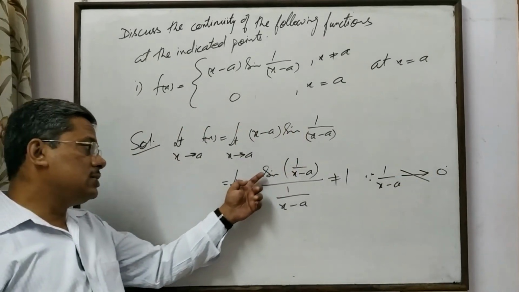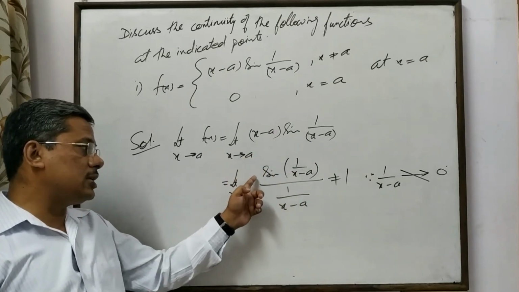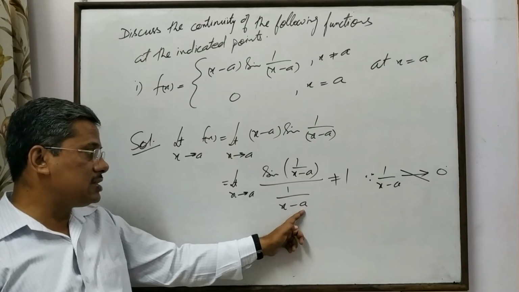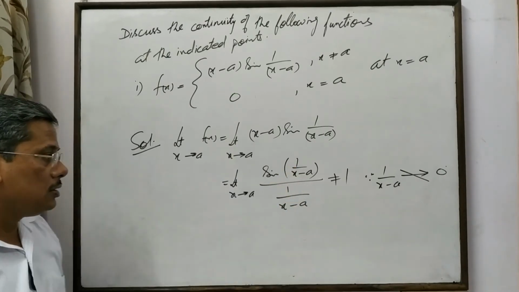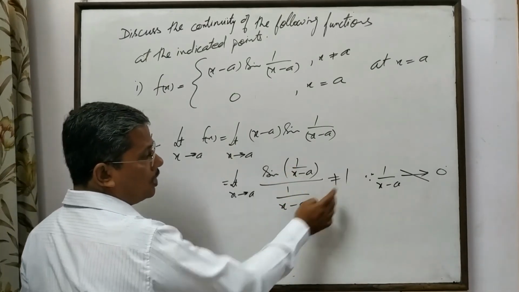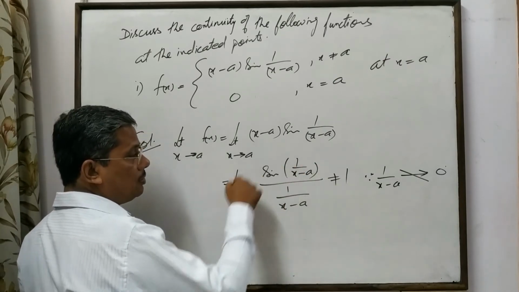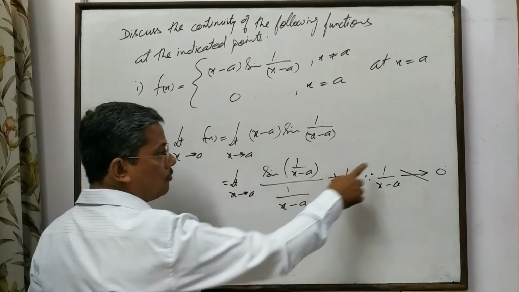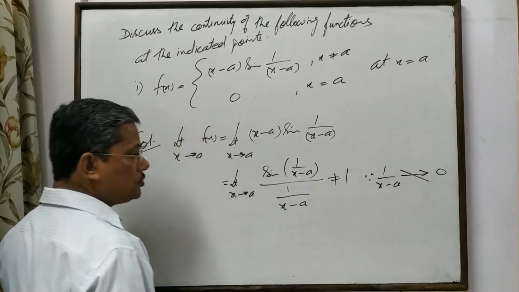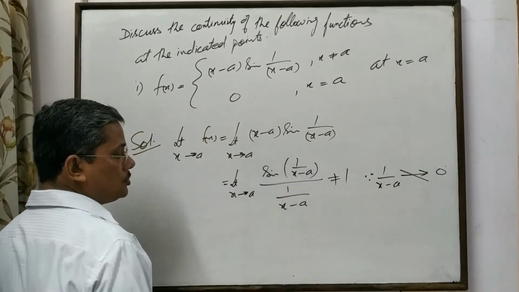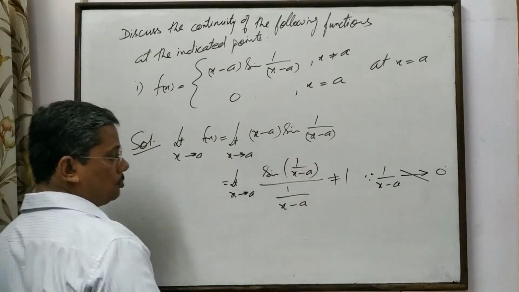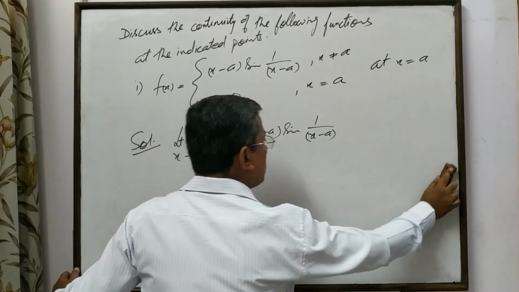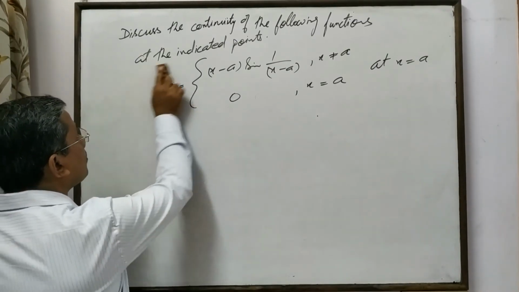That's why students generally make this mistake: sine of 1 upon x minus a upon 1 upon x minus a, angle and denominator equal, and they write it as 1. But that cannot be equal to 1 because when x tends to a, 1 upon x minus a does not tend to 0. The angle should also tend to 0, only then this limit comes out to be 1. So be careful about this mistake.